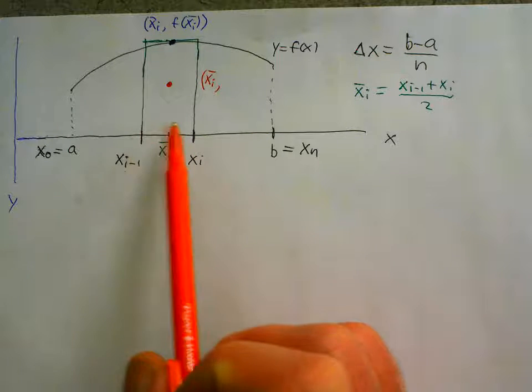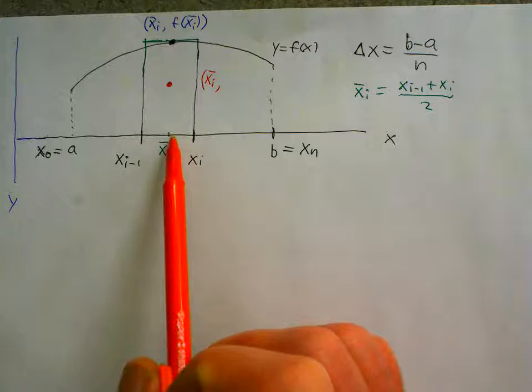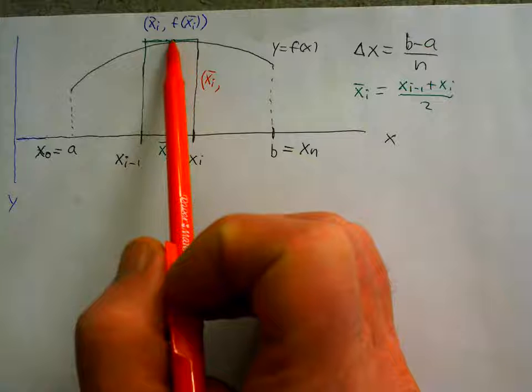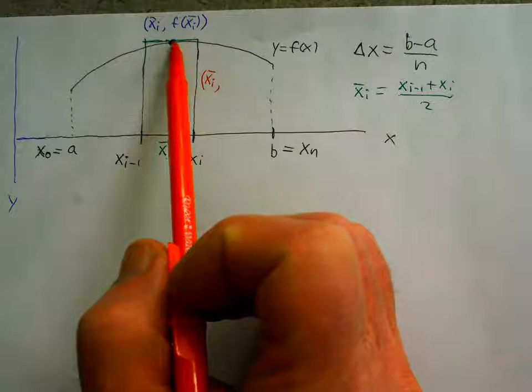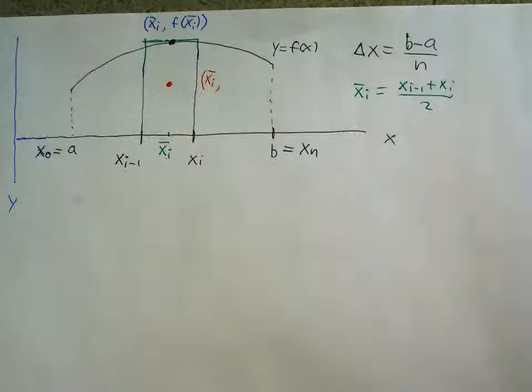I know my graph is a little off kilter, but halfway between the x-axis and the y-coordinate, f of x sub I bar, is 1/2 f of x sub I bar, right?